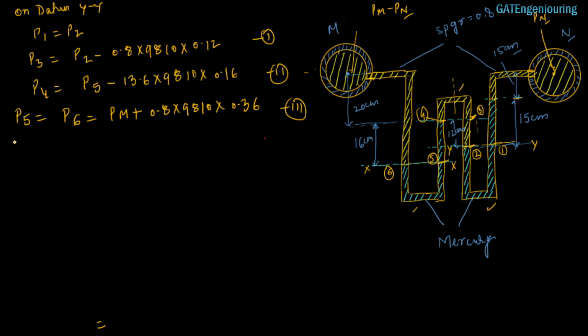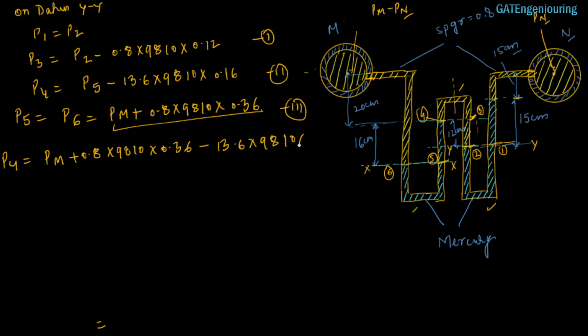Now we can write that P4 is equal to PM plus 0.8 into 9810 into 0.36 minus 13.6 into 9810 into 0.16. So that is the P4 and PM relationship.